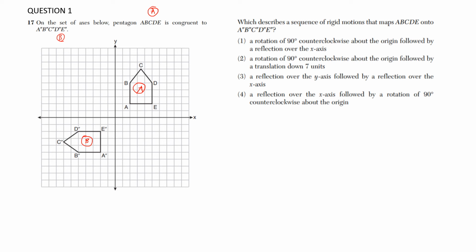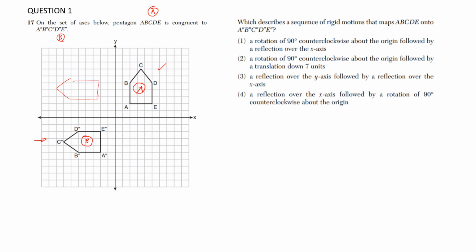A rotation of 90 degrees counterclockwise from the origin, followed by a reflection over the x-axis. That starts to look a little promising. When we rotate this first pentagon over the origin 90 degrees counterclockwise, we'll get something that looks like the second pentagon, that same shape, but it's going to be somewhere up here.